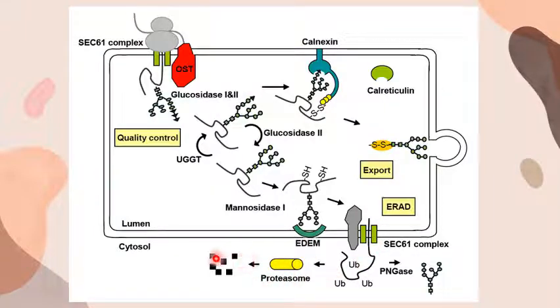So it will be degraded here, and the misfolded protein will go outside the cell also. So it's either folded and used by the cell, engulfed and sent outside the membrane, or degraded by the proteasome.